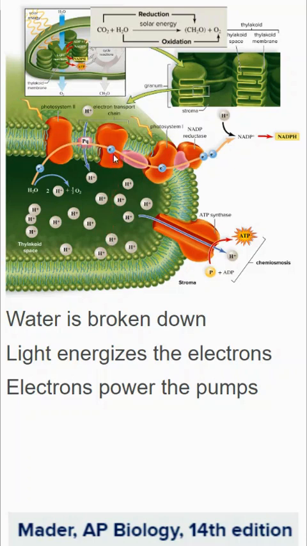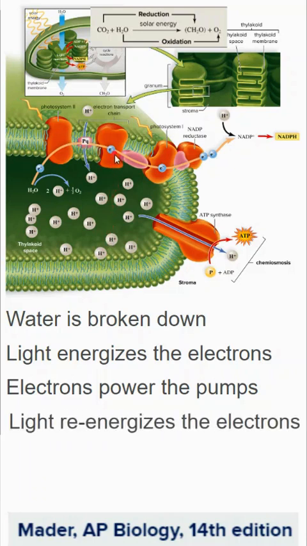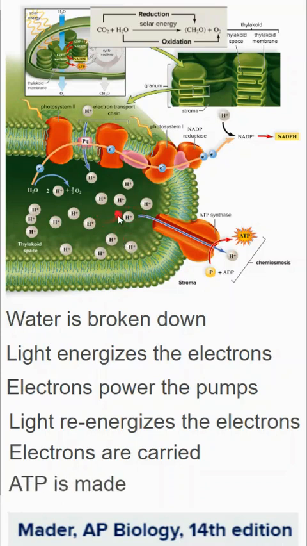As we progress with these electrons, they are now in a lower energy state, and in photosystem 1, the light is going to re-energize these electrons, and these high energy electrons then get carried by NADPH. Finally, we're going to create this ATP here as these hydrogen ions and protons diffuse through ATP synthase.